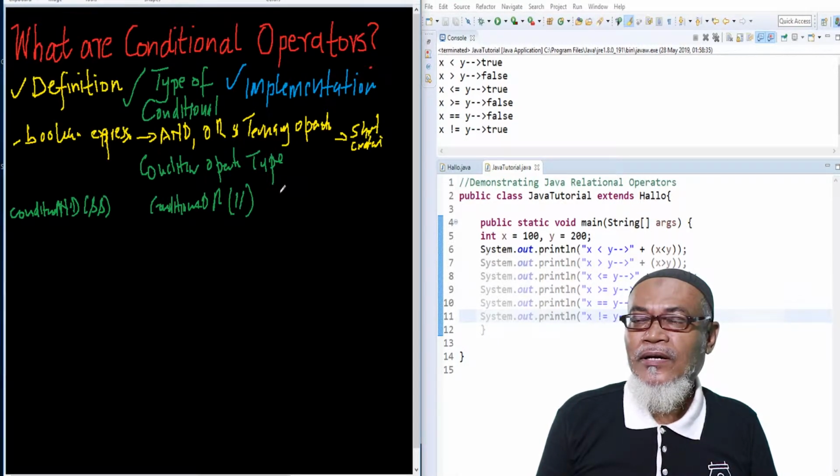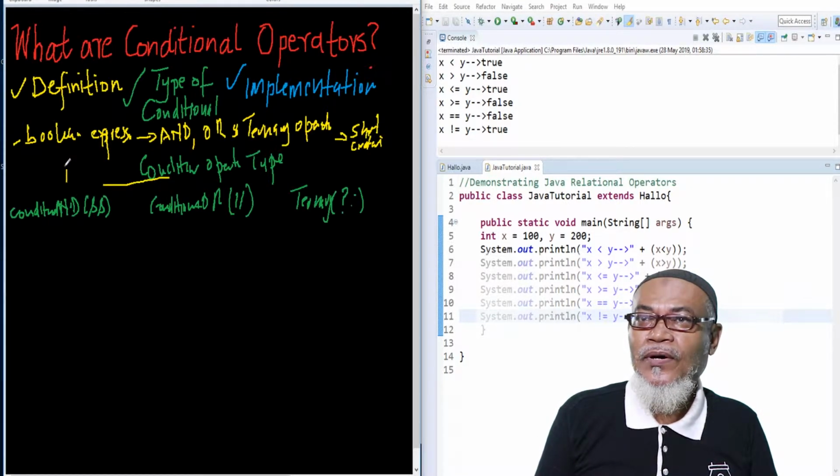The third one is the ternary operator, given by two signs, the question mark and the colon. So this is type 1, type 2, and finally type 3.